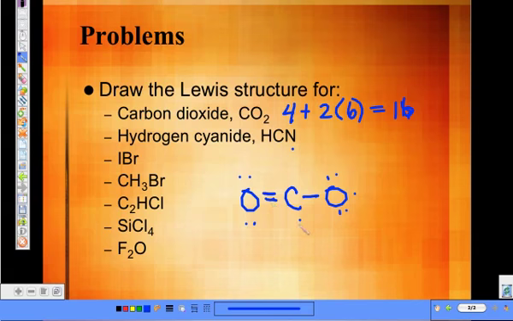And then this lone electron on carbon with this lone electron on oxygen form a double bond right there. So there's 2 double bonds.